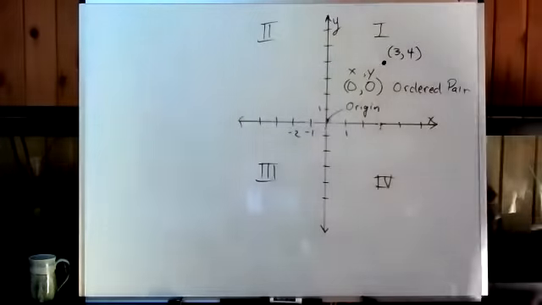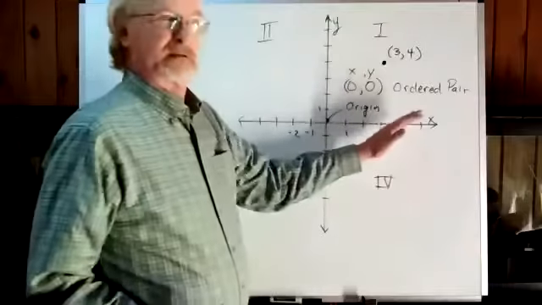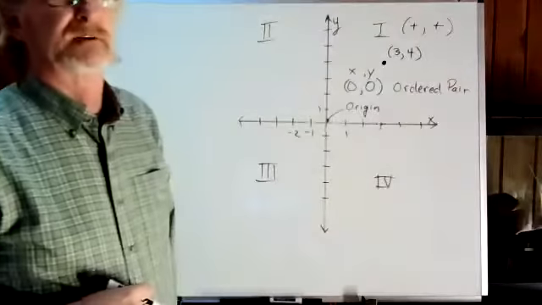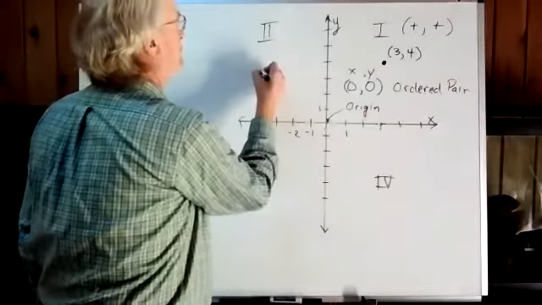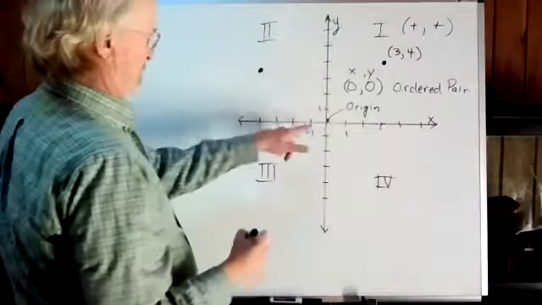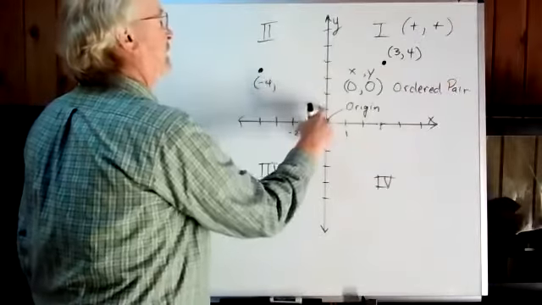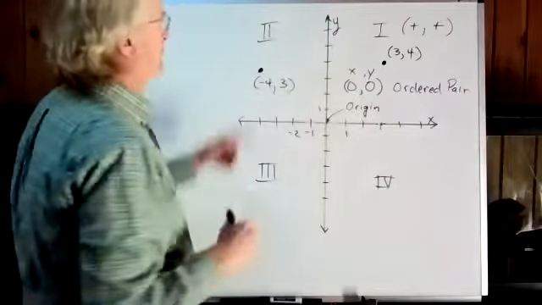Because I was in that first quadrant, all the x's are positive and all the y's are positive. So we just talk about the fact that both signs are positive in the first quadrant. If I had a point back here, 1, 2, 3, 4, -4 in the x direction, and let's say I went up 3, positive 3 for y.